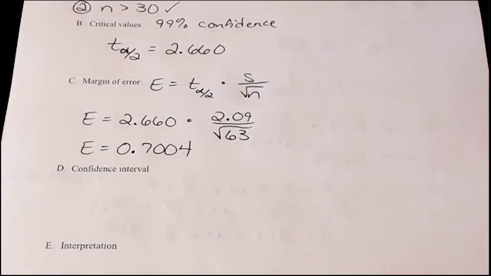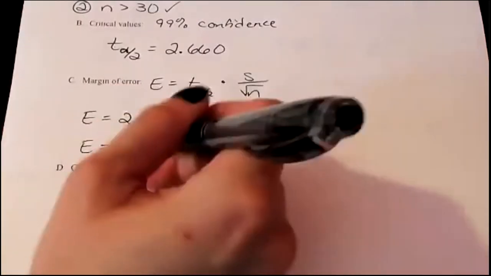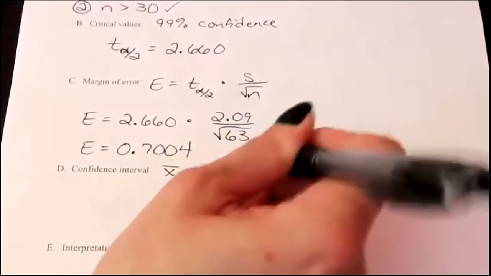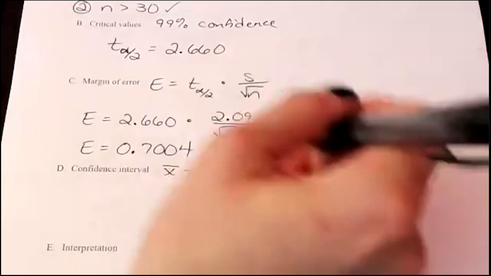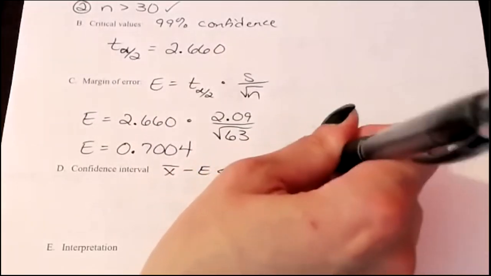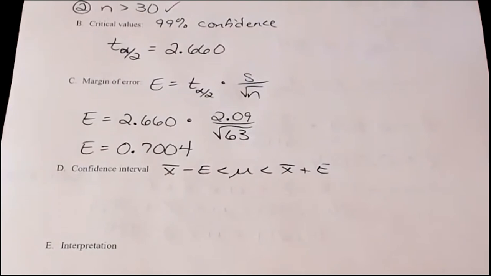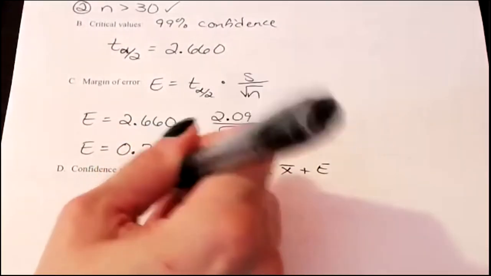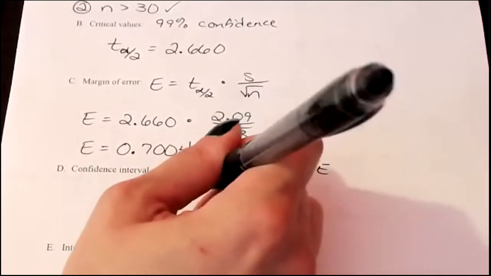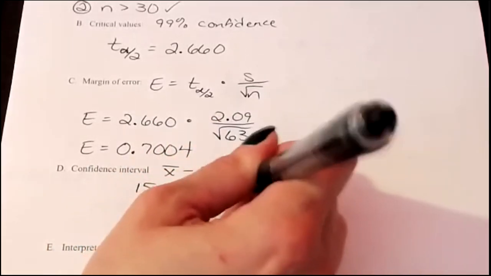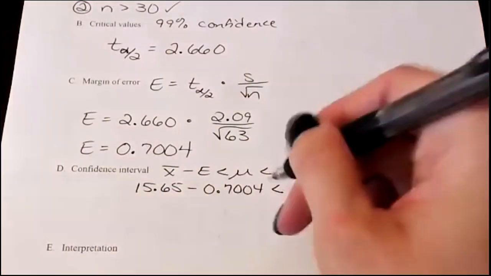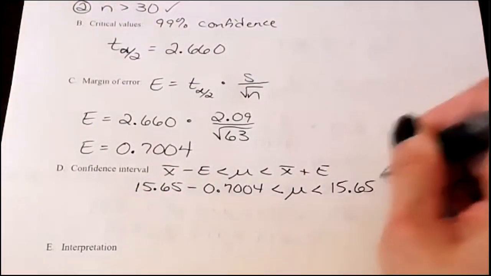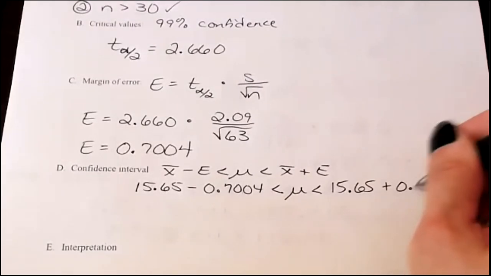Next, we're ready for our confidence interval that follows the formula: the sample mean minus the error is less than mu, which is less than the sample mean plus the error. So you want to find each of these bounds. So your sample mean is 15.65. We're going to subtract the error. Again, this follows the same format as finding the estimate for the population proportions.